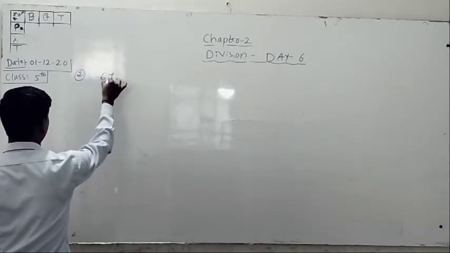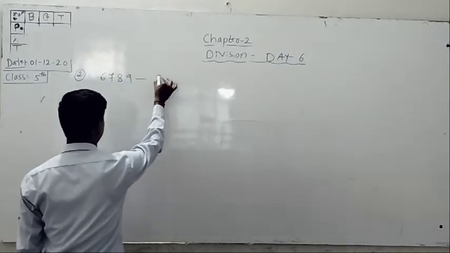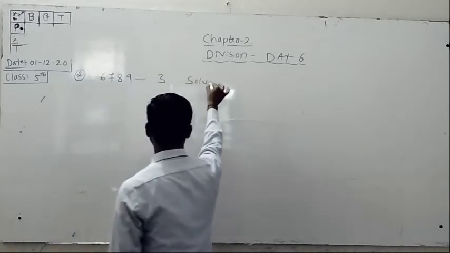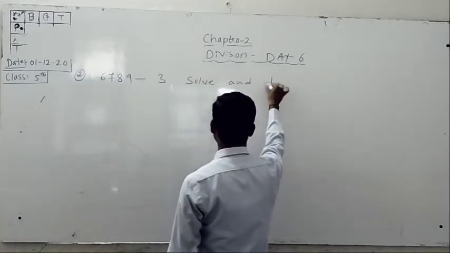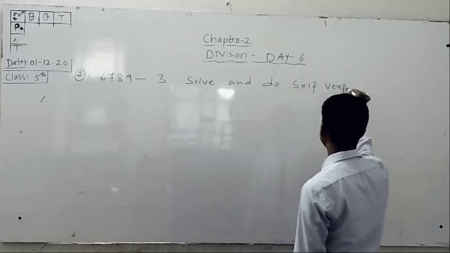6,789 divided by 3. Solve and do self verification.